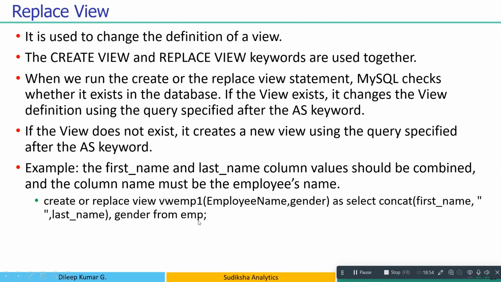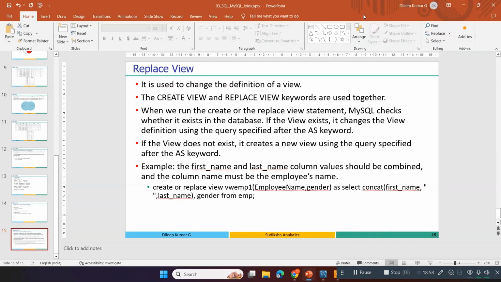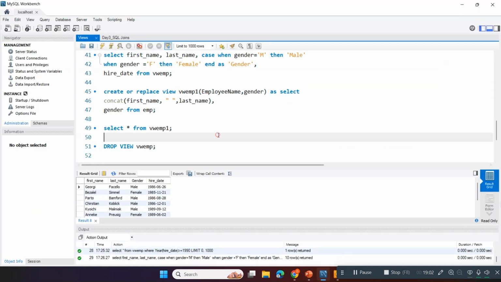So if this view doesn't exist, it will be created. If it already exists, then it will be replaced. So yeah, create or replace view. This is a new view, we are creating a new view. This doesn't exist, so view emp1, selecting this employee name and gender, and then concatenating the first name and last name with space.